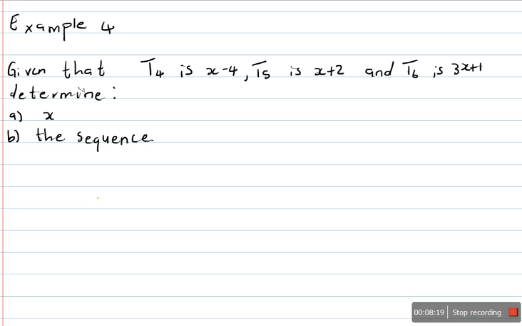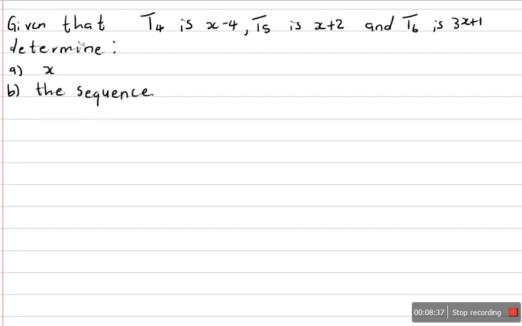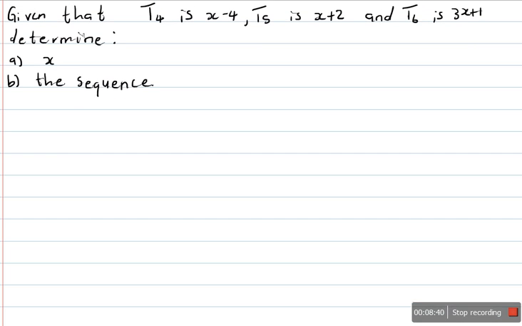Now, given that T4, T5 and T6, we need to determine x and the sequence. This is the geometric one. Let's see how we are going to do this. As we did at the beginning with the arithmetic sequence, we said d is equal to T7 minus T6, equal to T6 minus T5.